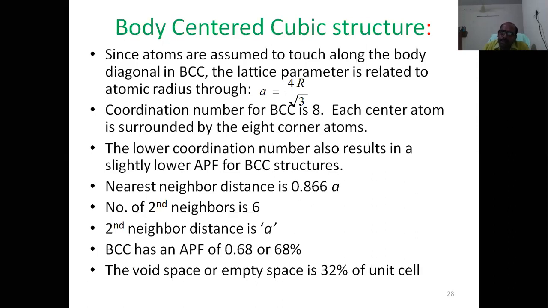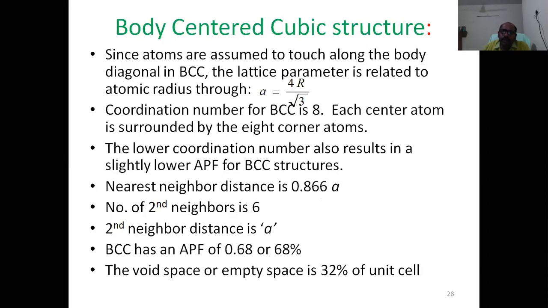The coordination number of simple cubic is 6, body centered cubic is 8, and FCC is 12. The first nearest neighbor distance of simple cubic is A, BCC is 0.866A, and for FCC 0.7A.